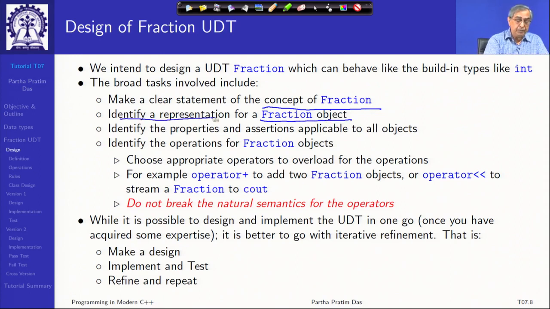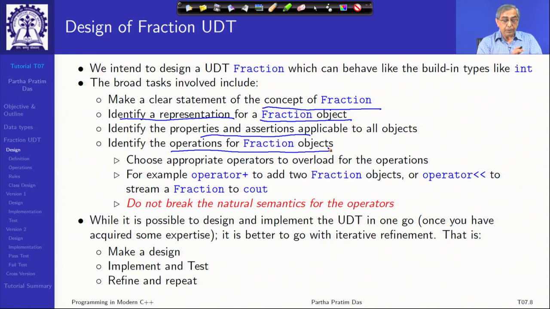So, representation is important. We have to identify the properties and assertions that are applicable for all objects. What is a valid object, what is not a valid object, and so on. And finally, we need to identify the operations for the fraction objects, right. Once we do that, then we will be able to go towards the design of a fraction UDT.